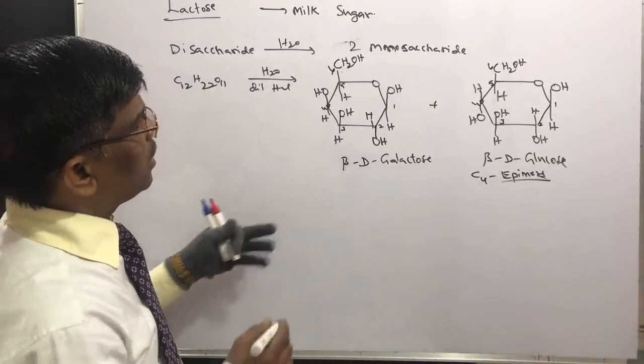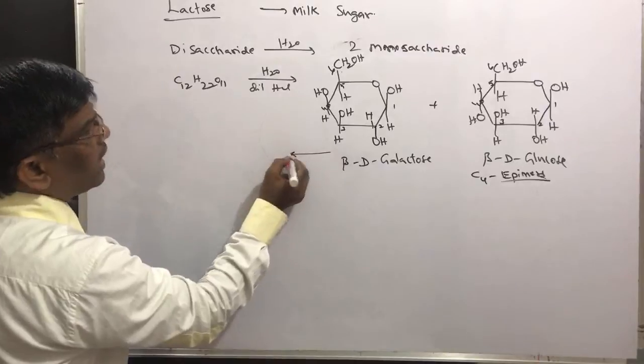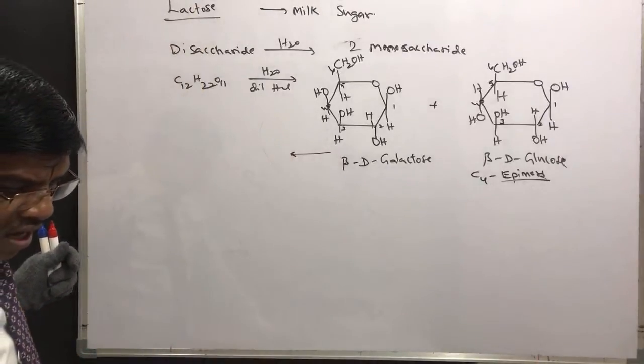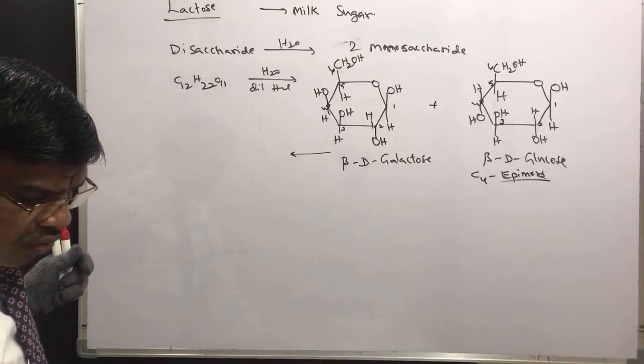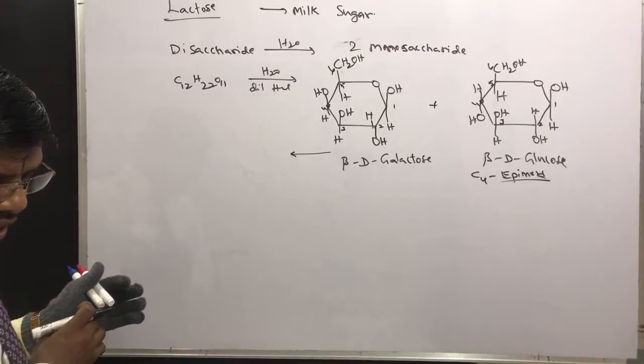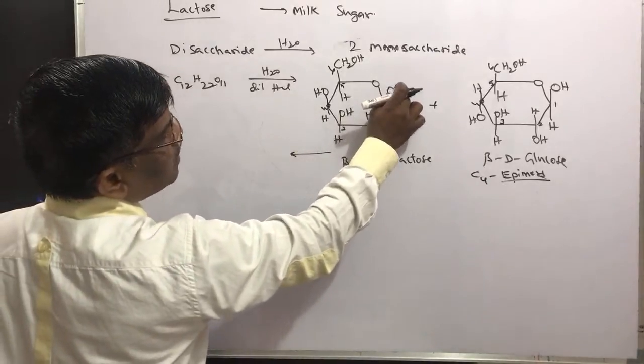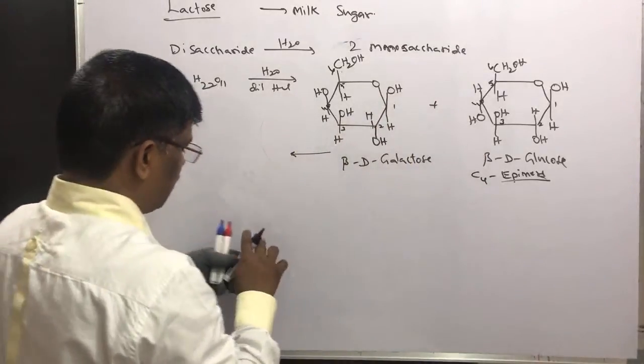So how are they going to combine in lactose? Observe that: C1 of galactose and C4 of glucose. C1 of this is upside, C4 is downside. So what is going to happen?